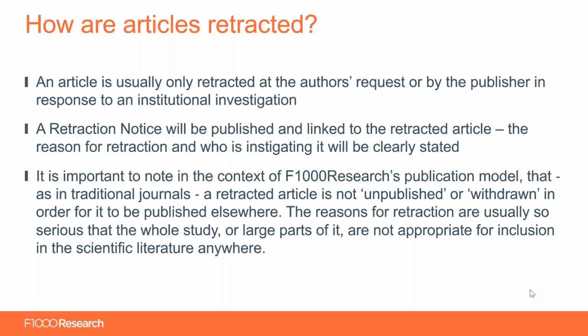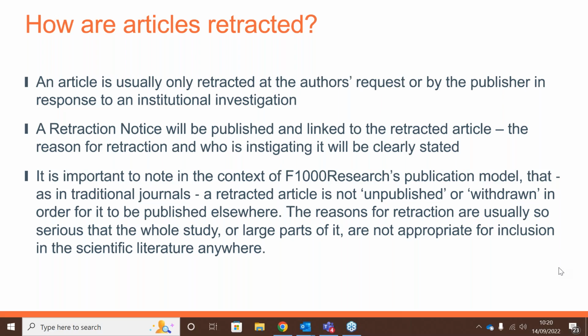But it's important to note that in the context of F1000Research's publication model, as in traditional journals, a retracted article is not unpublished or withdrawn in order for it to be published elsewhere. The reasons for retraction are usually so serious that the whole study or large parts are not appropriate to be included in the scientific literature anywhere.